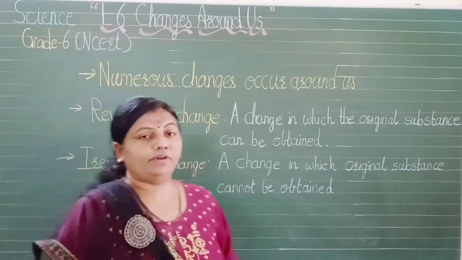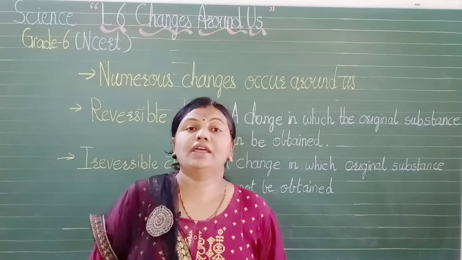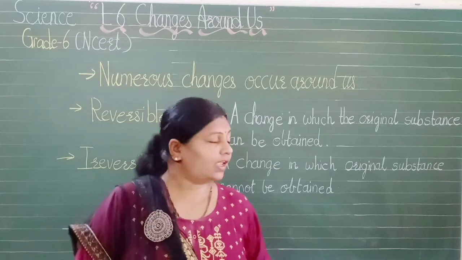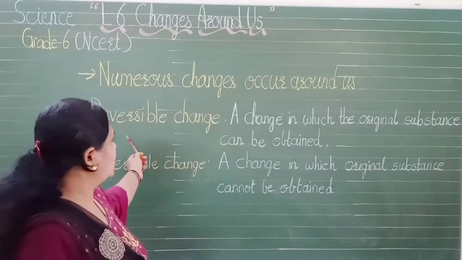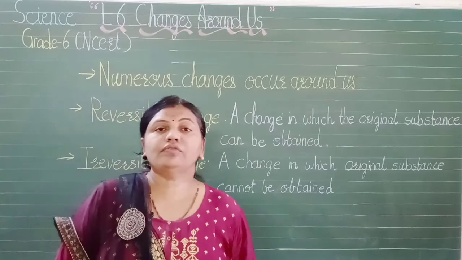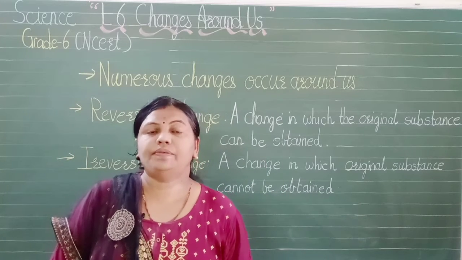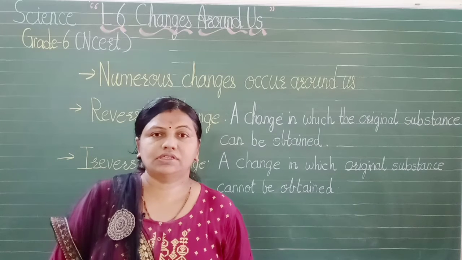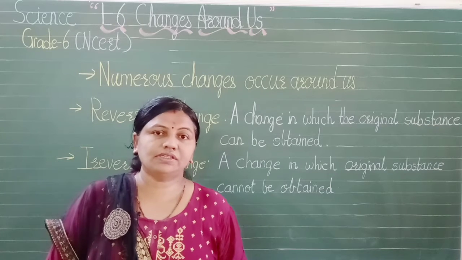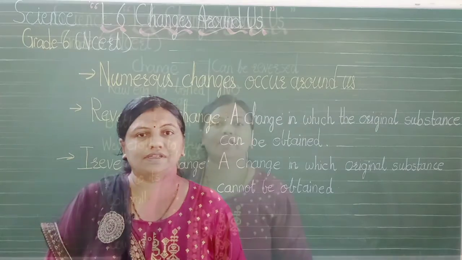But if you obtain that substance in its original shape, then it will be considered a reversible change. So we have seen 2-3 examples of it. So you might be clear about this concept, reversible change and irreversible change.